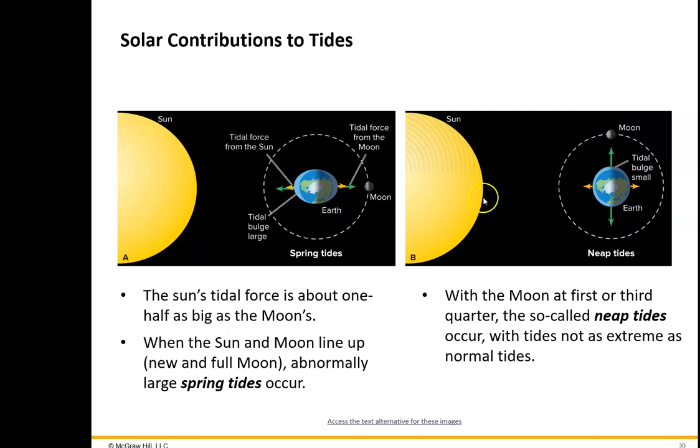Because the sun is working against you, and the lowest high tide and the highest low tide. Yeah, that makes sense. So those are the spring tides, and when the moon is in these phases, the first quarter or the last quarter, those are called neap tides.